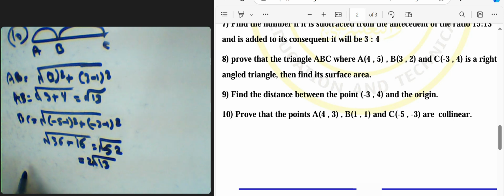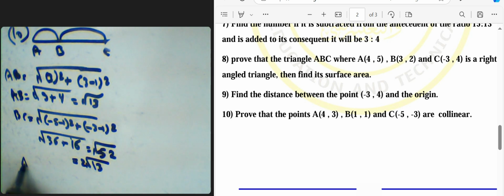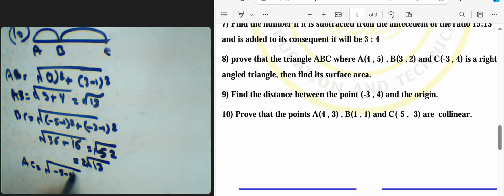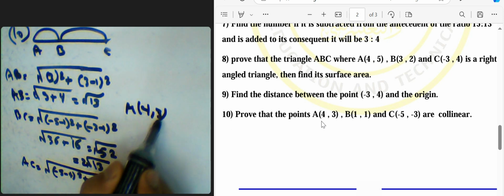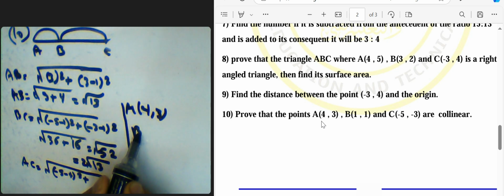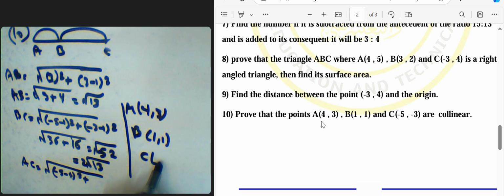Okay. And we can find the length of AC. A and C here. We have 4 minus negative 5, right, negative 5 minus 4 power 2, and 3 minus negative 3, negative 3 minus 3 here. Again, we have the point A, 4 and 3. Okay. And B was 1 and 1. And the point C, negative 5 and negative 3.